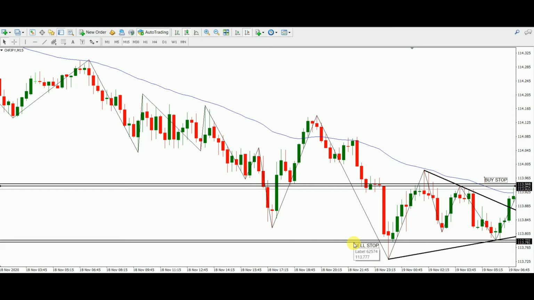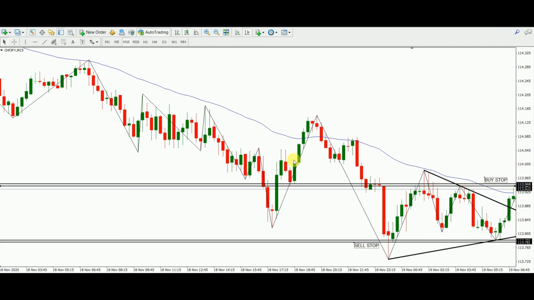Meaning if the price breaks through this level here, your sell stop will be triggered. If it goes up here, your buy stop will be triggered.